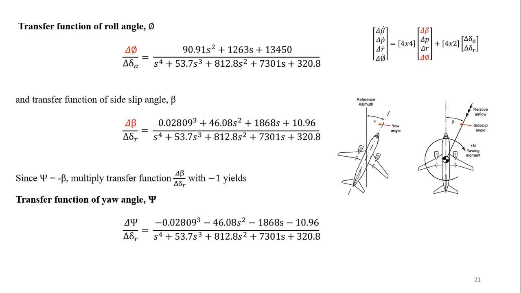So what if we want the yaw angle transfer function? It's easy. We can just multiply the transfer function of the side slip angle with -1 because they are in opposite directions. So now we can get both the roll angle and yaw angle transfer functions.